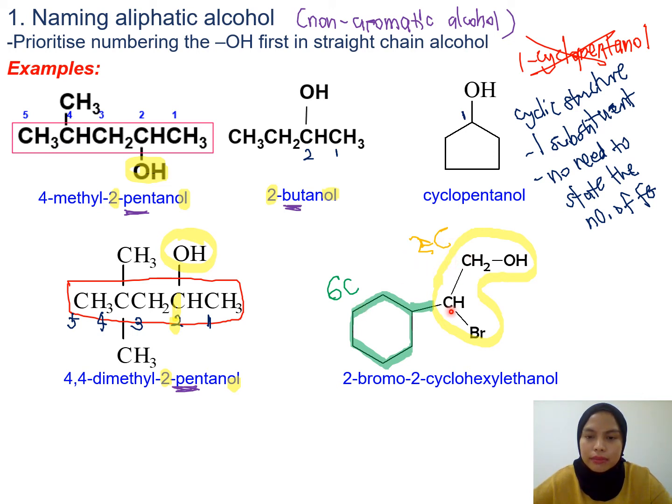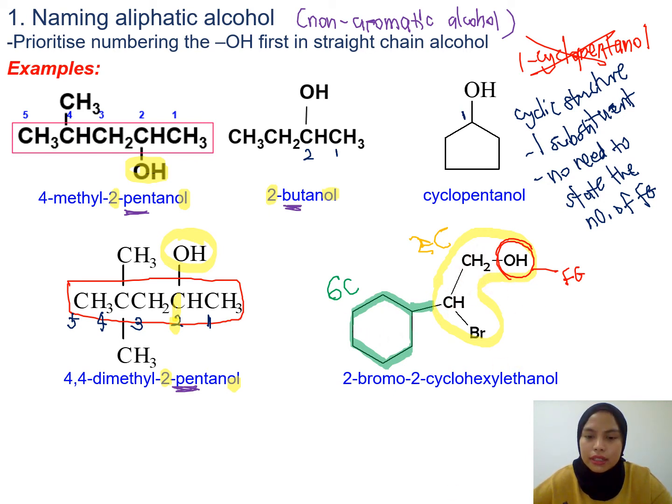Tapi in this case 2 carbon ni menang is because ada VVIP kat sini. Ada OH. Tapi actually functional group yang paling VVIP ialah COOH. So you kena prioritize lah carbon yang ada functional group. Okay, so that's why nama parent dia ialah ethanol instead of cyclohexane.